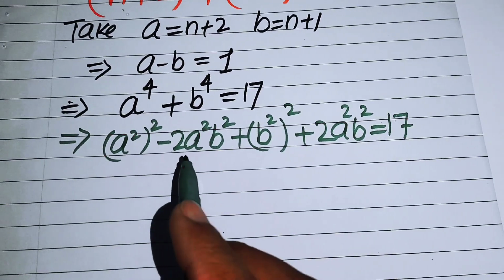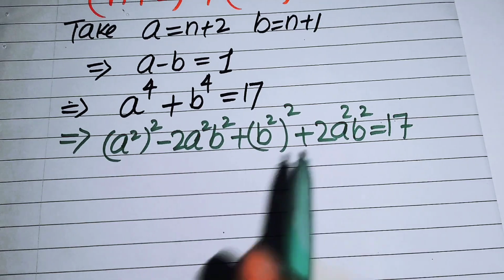So in this step I will just add and subtract minus 2 times a^2 b^2.